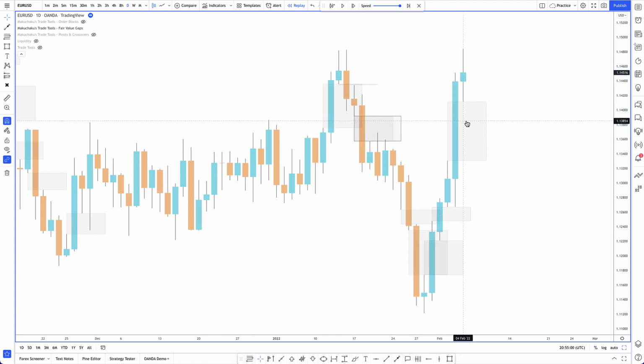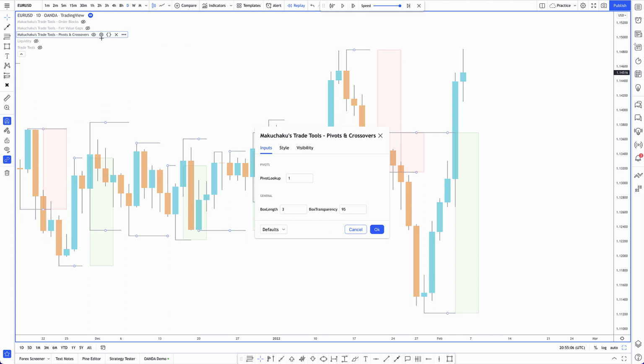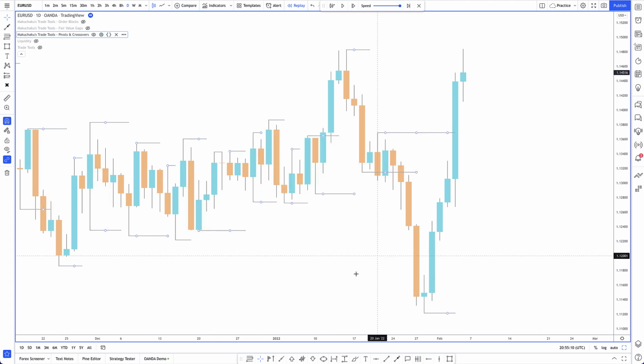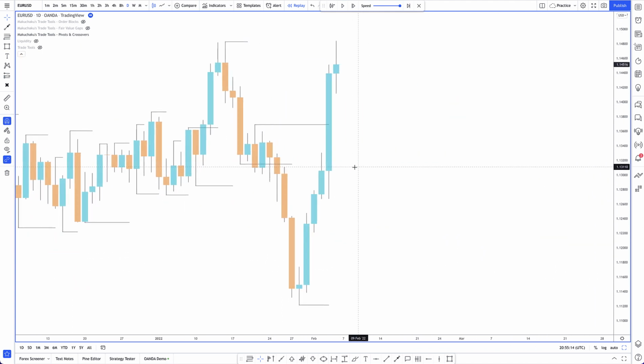Now let's also look at pivots. So what exactly is a pivot? A pivot is a formation where you'll have candle 1, candle 2, and then candle 3.